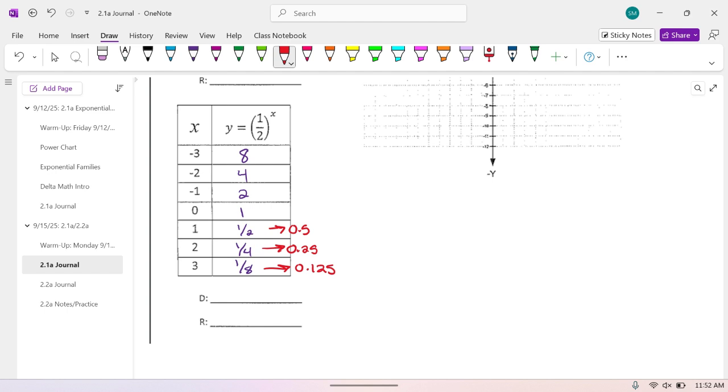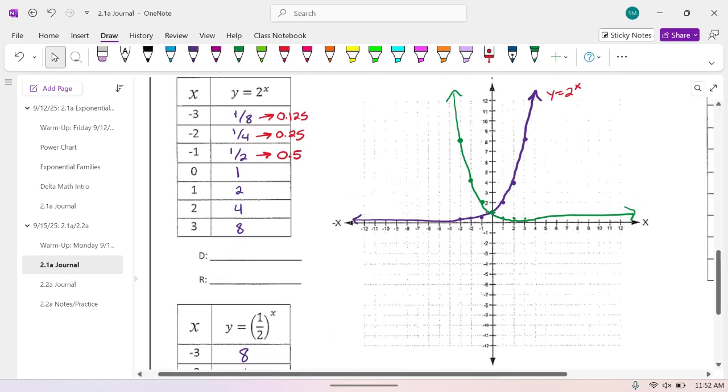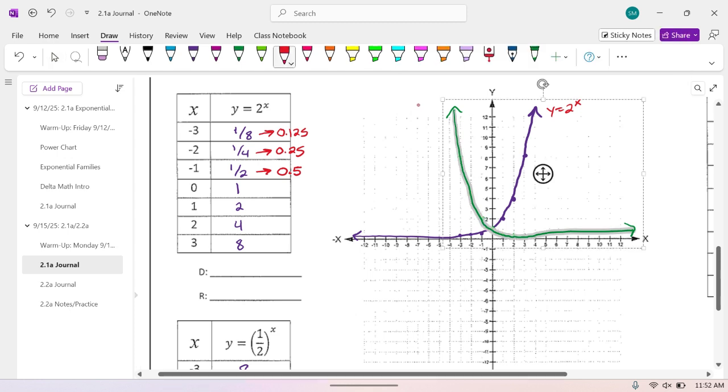Just make sure you also note the fraction counterparts. Now, the green graph that I have graphed up here is y equals 1/2 raised to the x power.